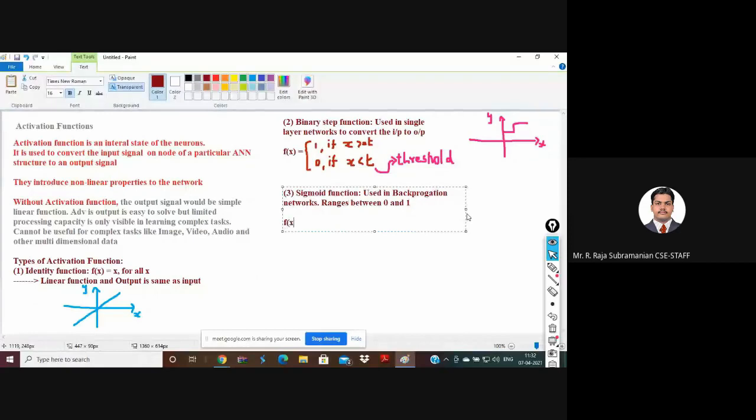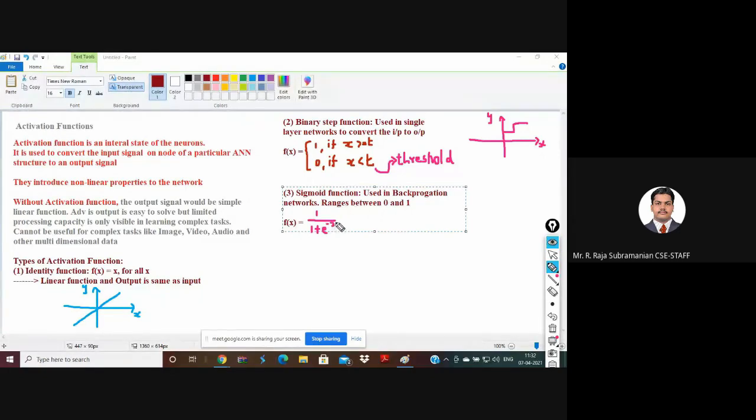F of x is equal to the sigmoidal curve formula, that is 1 divided by 1 plus e power minus x.